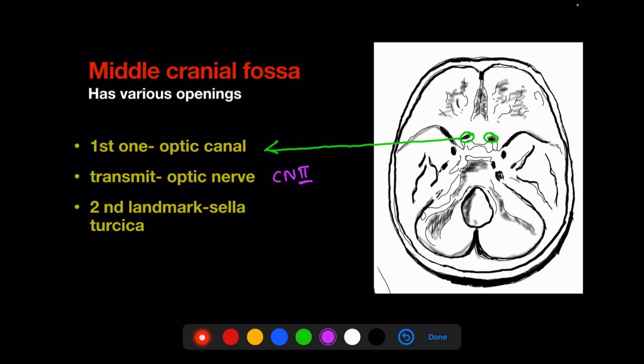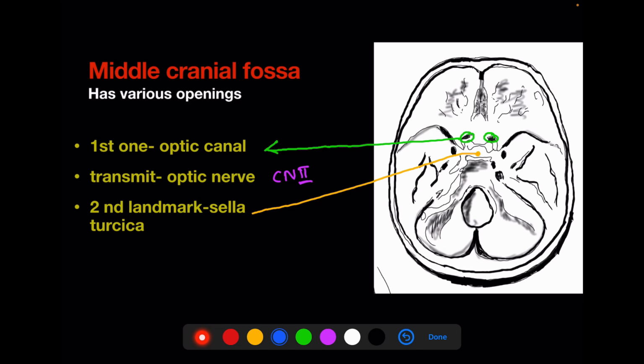And the second landmark, which is a very important landmark in middle cranial fossa, that is sella turcica. I am using yellow to identify it. In this region, sella turcica is present. And you will see here, there is a depression.